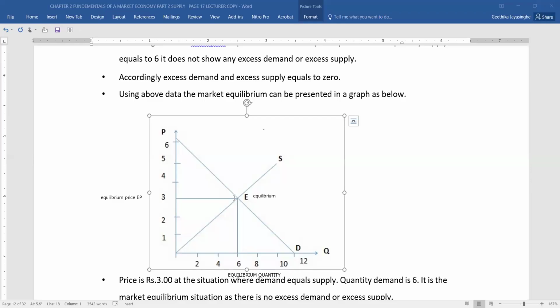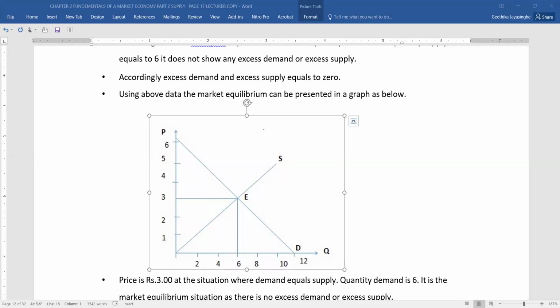If you meet the vertical axis and go further, you get the equilibrium price. At this price, both parties have agreed to buy and sell. At a price of 3, both parties can buy and sell 6 units of the item. That will be the detail.